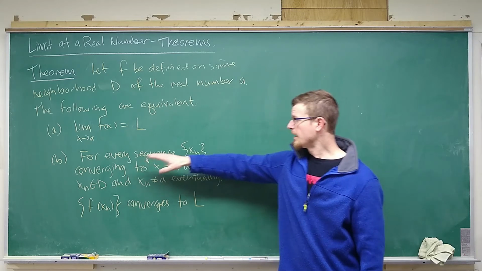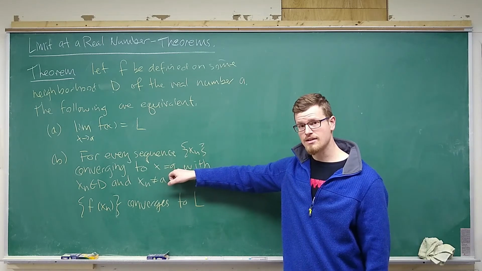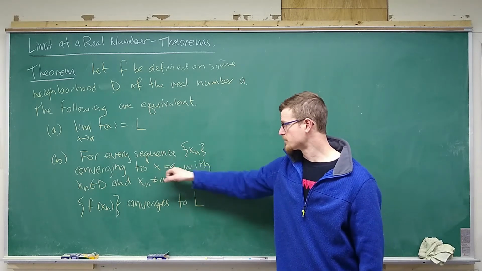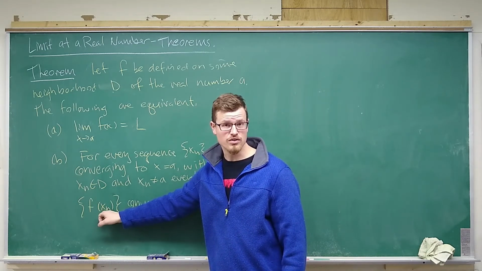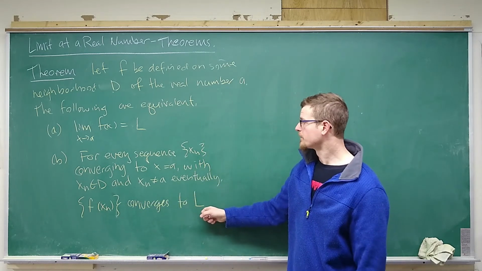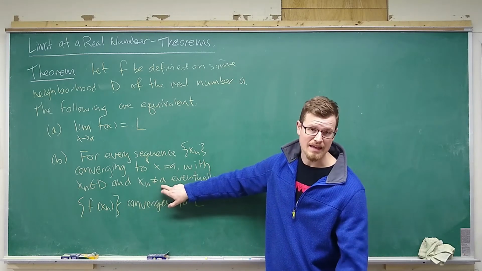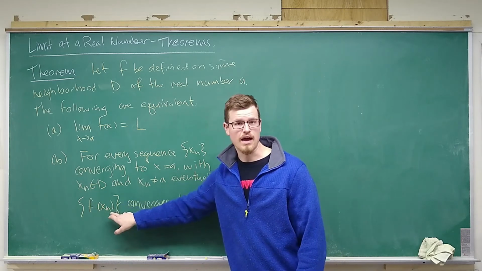And every sequence of real numbers that converges to a, okay, if we take a sequence of numbers that converges to a, then the sequence of evaluations will converge to L. Of course, we don't want all of those numbers to be a itself, because then it would just be f of a.